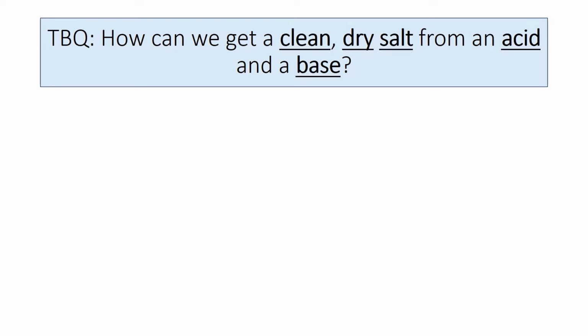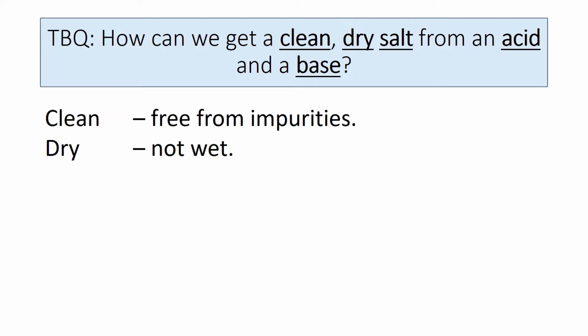For me, the key terms will be clean, dry, salt, acid and base. Clean means free from impurities and dry means not wet. That's important because people often forget that the sample needs to be pure and also not wet.